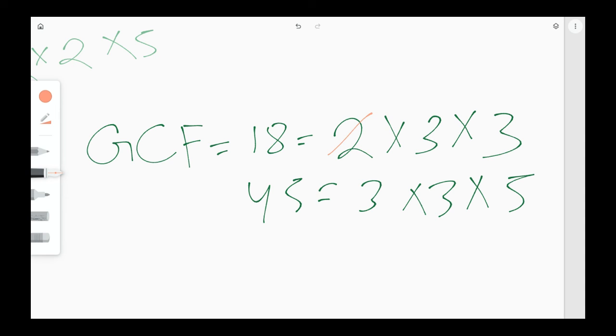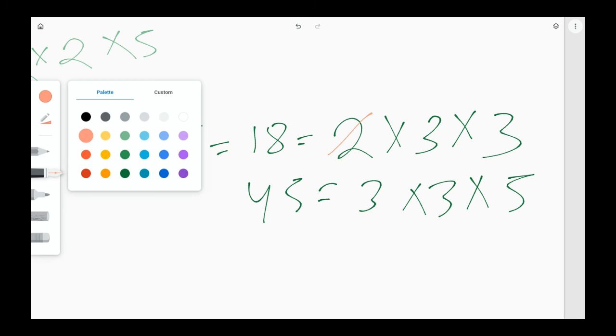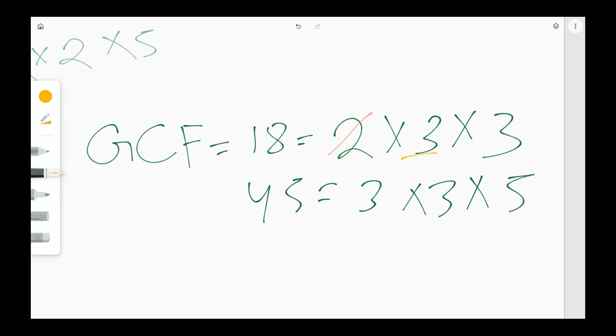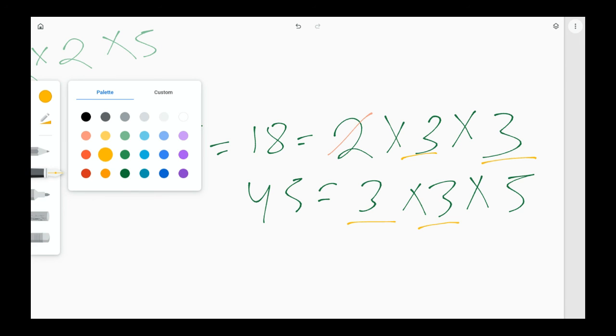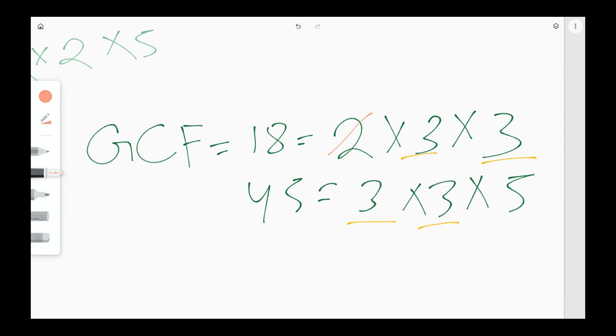There's a 3 in 18 and a 3 in 45, so I'm going to use a different color and underline it because I need it. Now, there's another 3 in 18 and another 3 in 45. I need that since both numbers have a 3. There's a 5 in 45, but there's no 5 in 18, so I don't need that. I'm going to cross that out.